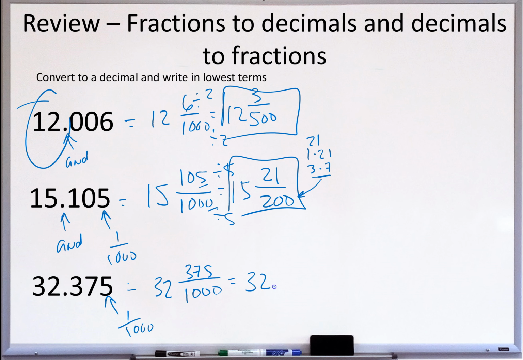So I do nothing with my whole number, but I'm going to divide that by 5 and divide that by 5. Some of you may see I can divide by 25, but I'll stick with 5. So 375 divided by 5 is 75. So I get 75 out of 200.